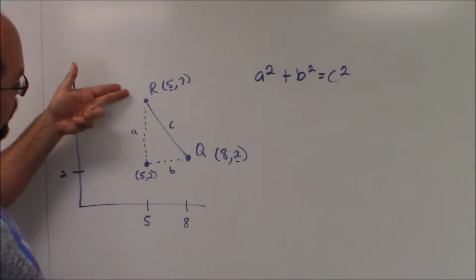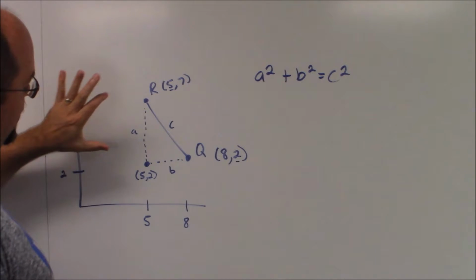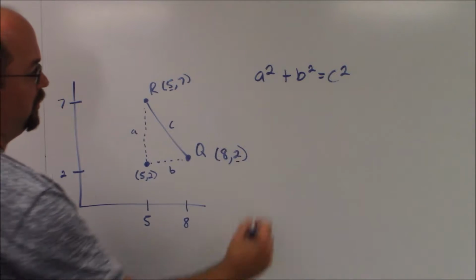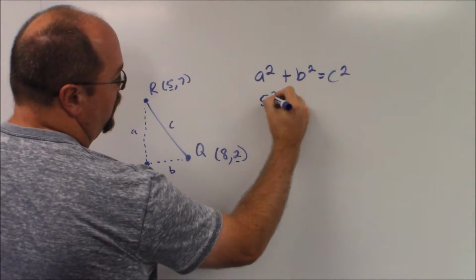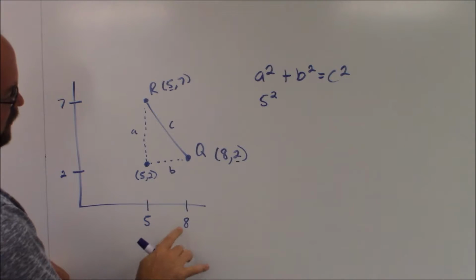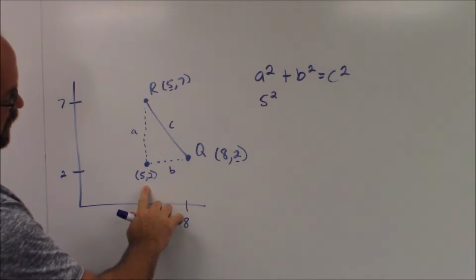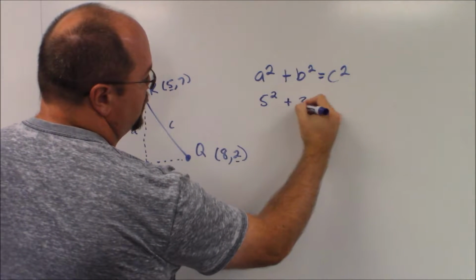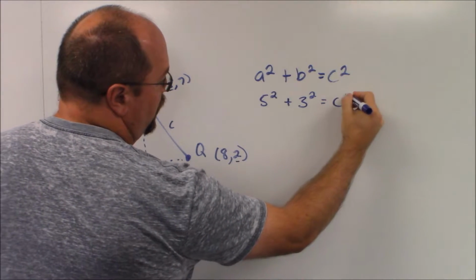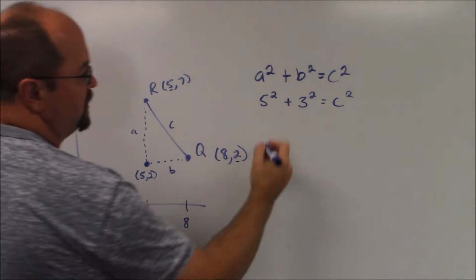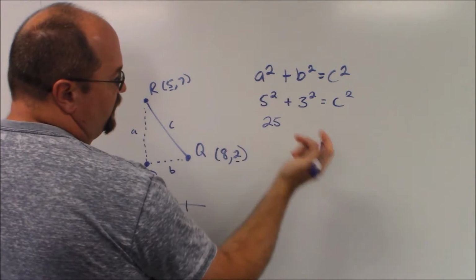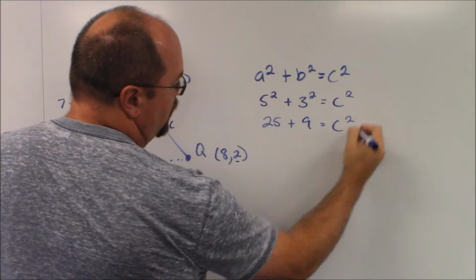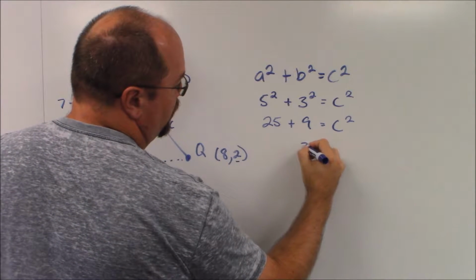All right, so for our A value, we are going from y is 7 to y is 2, so our A value is going to be 5. Our B value, we're going from 8 to 5, so our B value is going to be 3. And then it's just a matter of doing our computations. So we get 5 squared is 25, 3 squared is 9. So we get 34.